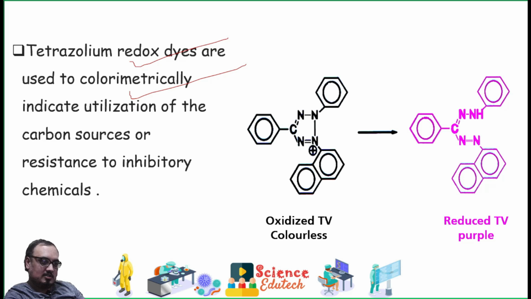Here is an example of a redox dye: the oxidized form is colorless, and when it gets reduced it turns purple. The Biolog redox dye mixes are easy-to-use colorimetric reagents for assaying a variable cell number and measuring the ability of cells to convert extracellular metabolites into mitochondrial reducing equivalents.